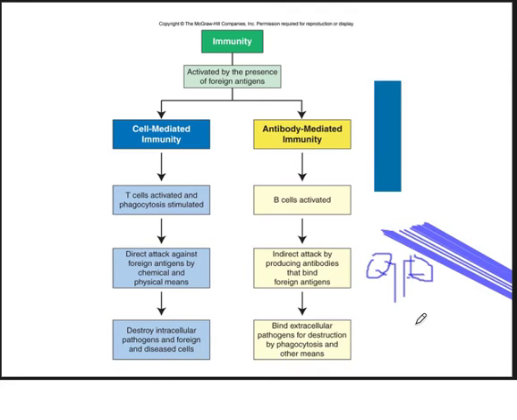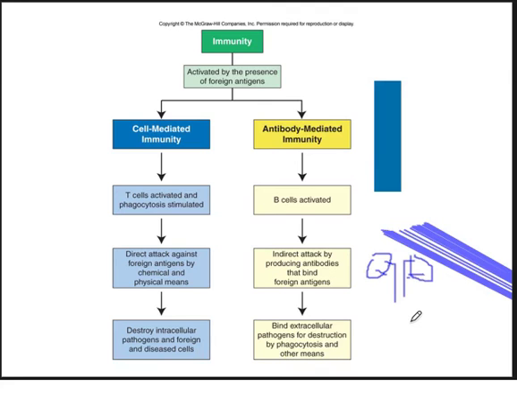Another method of attack is by essentially immunoprecipitating secreted toxins that come from the pathogen and rendering them inert and available for phagocytosis as well.